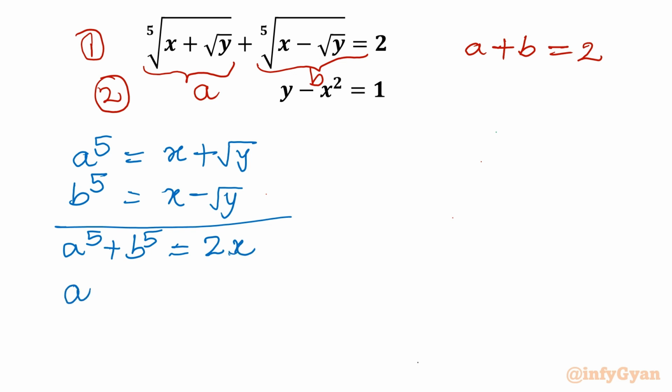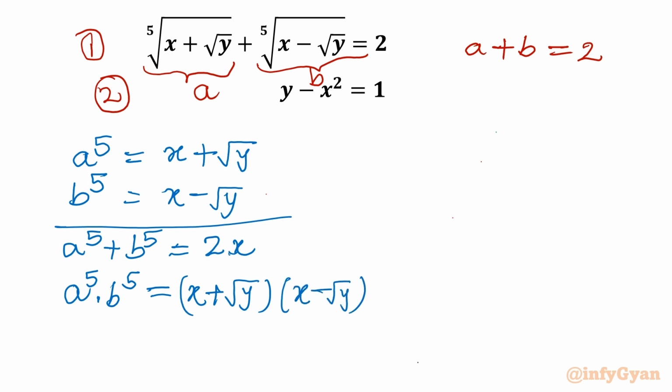Now I will use the product. Let me consider the product of A power 5 and B power 5. So I will write x plus root y in one bracket, and in the second bracket x minus root y. A plus B, A minus B, so I can write A square minus B square, difference of two squares. So I will write x square minus y.